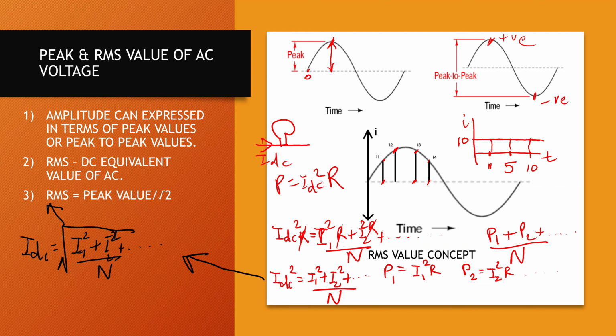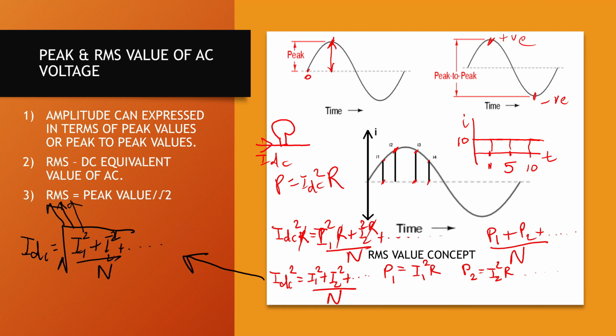What exactly is this? I1 square plus I2 square plus all these terms divided by n. You guessed it right, it's average or mean. That is why you have this M term over here. What is this S? Because you're squaring all the currents, and why square, because power is I square R, right? So that is why you have this square over here. So that is why it is called root mean square. That is the reason why it is called RMS value.